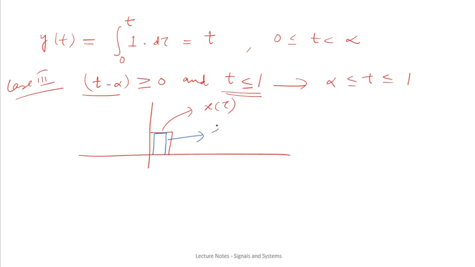This inner waveform will be h(t minus tau), and this point will be t minus alpha, and this point will be equal to t, and obviously this is 0 and this point is 1.